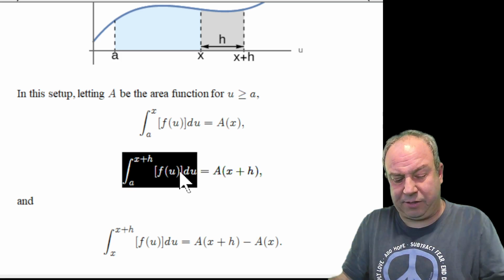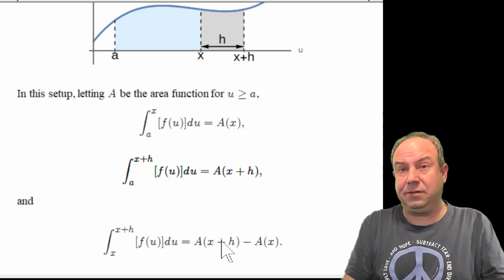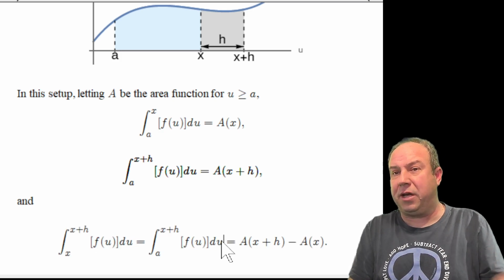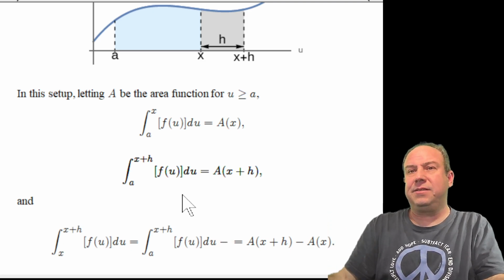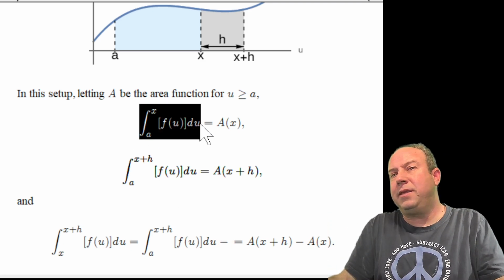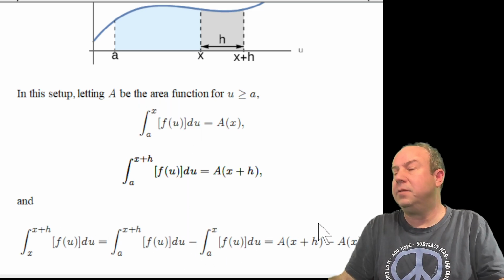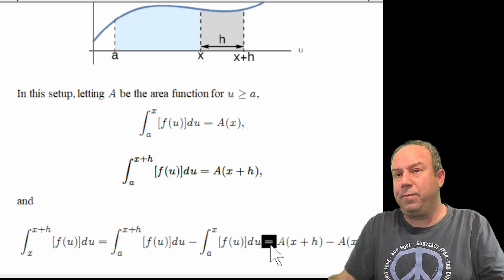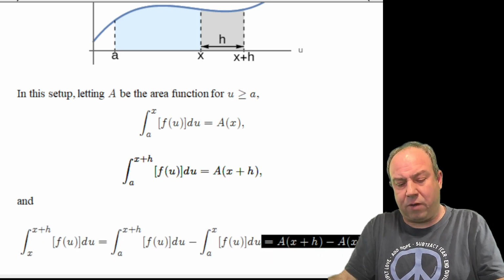What I might actually do here in the notes to illustrate this, it is this area from a to x plus h for f(u) du minus the area from a to just x for f(u) du. And let me move this down a row. I can grab it all there.